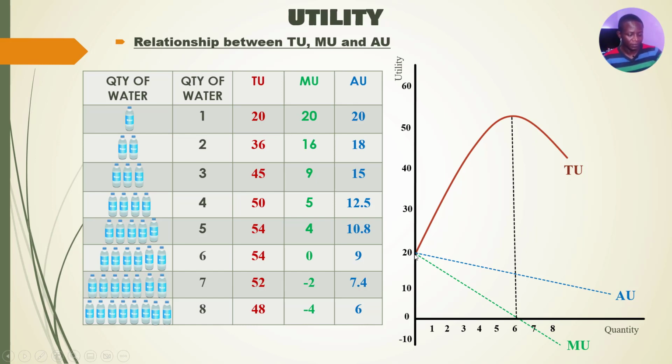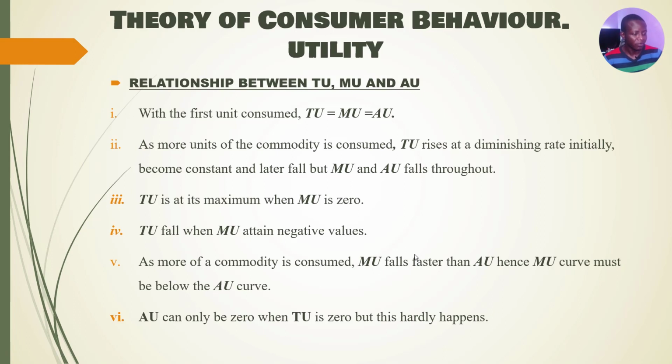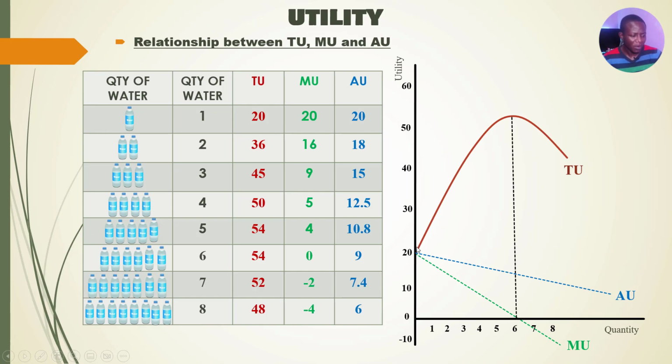average utility. The second relationship is that as more and more of the commodity is consumed, total utility rises at a diminishing rate. So let's see. We realize that as more and more of the commodity is being consumed, that's the quantity axis, as we keep consuming from 1, 2, 3, 4, we realize that the curve keeps increasing and increasing, but it increases at a diminishing rate because the component of the total utility is the marginal utility.